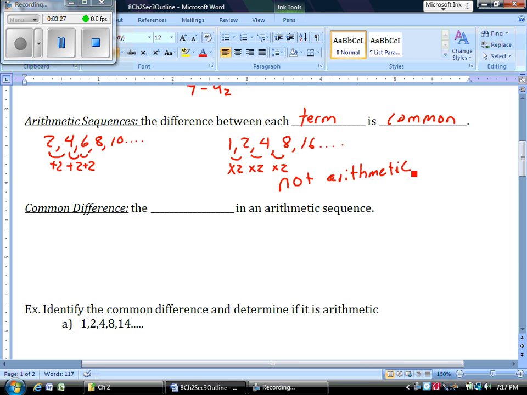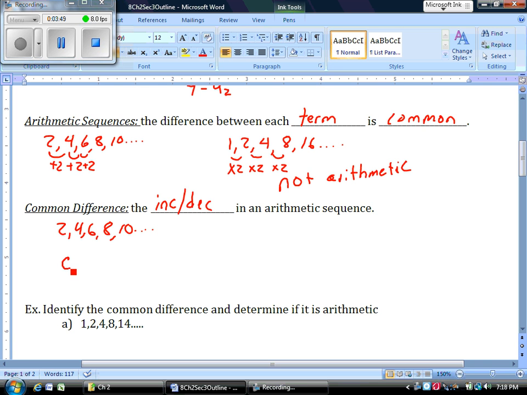All right, so the common difference is the increase or decrease in an arithmetic sequence. Okay, so again, 2, 4, 6, 8, 10. Keep going back to this example.